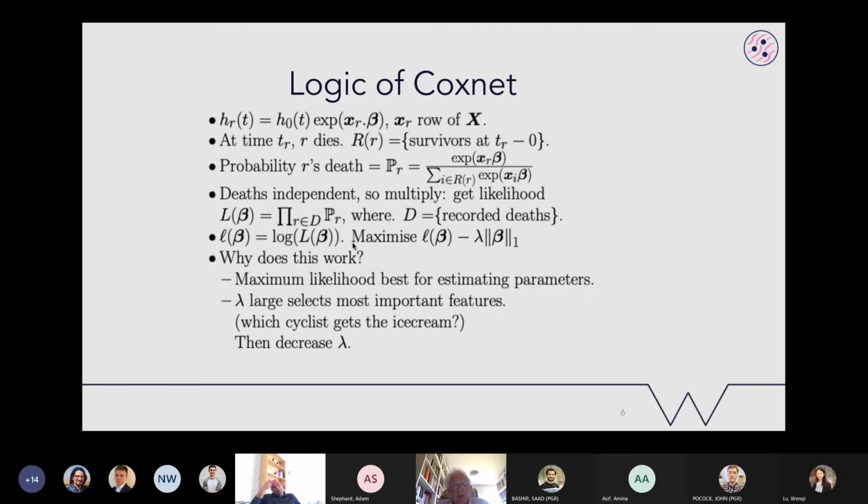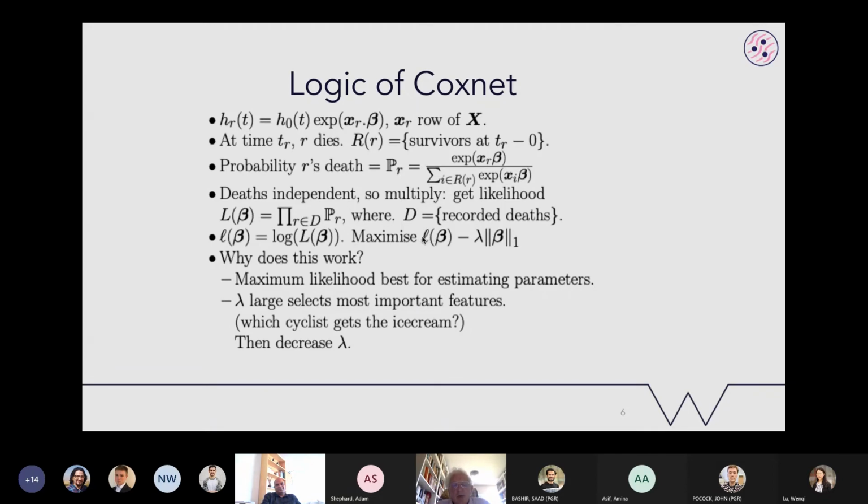And now the standard method in statistics is to maximize the likelihood. So we take the likelihood, but we have this penalty function, which is some positive number lambda times beta, and then we maximize this.